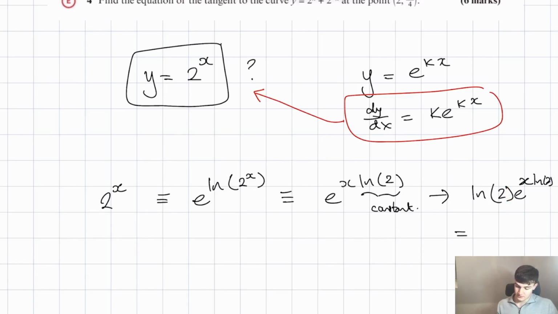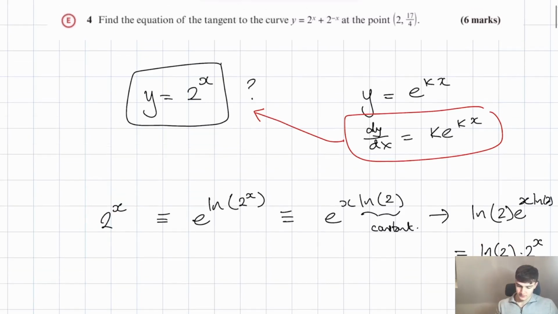So this is ln 2 times 2 to the x. That's the general formula for differentiating a function where it doesn't have e as the base. We take the natural log of the number and put it on the outside.